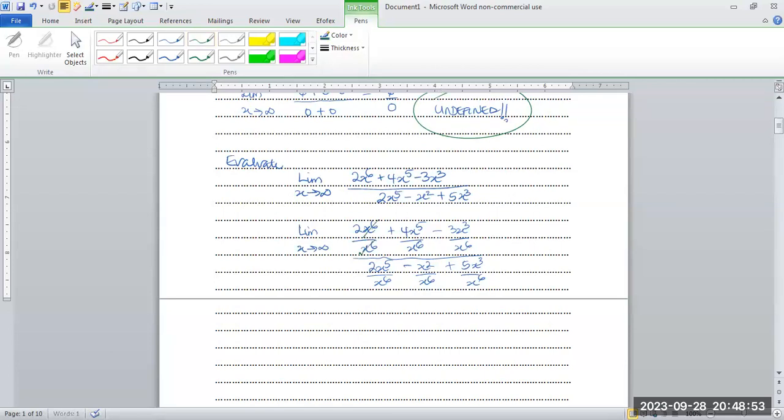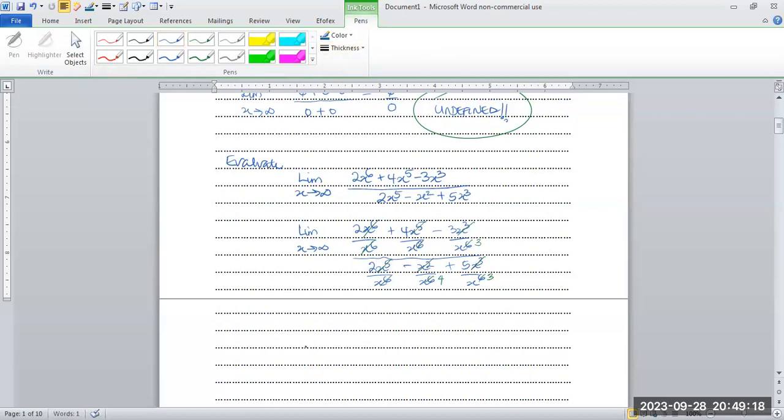The x to the 6 cancels, x to the 5th into x to the 6 leaves 1. X to the 3rd into x to the 6 leaves 3 in the denominator. X to the 5th into x to the 6 leaves 1 in the denominator. X squared leaves 4 of these in the denominator, and this leaves 3 of those in the denominator.